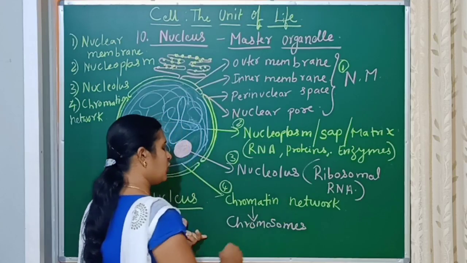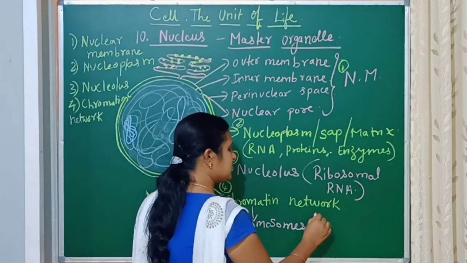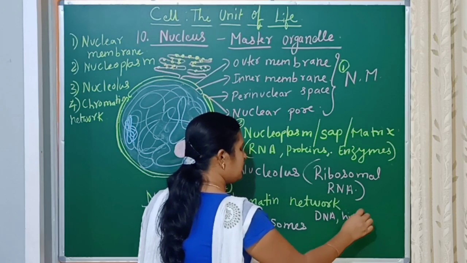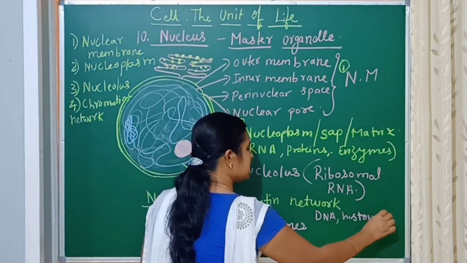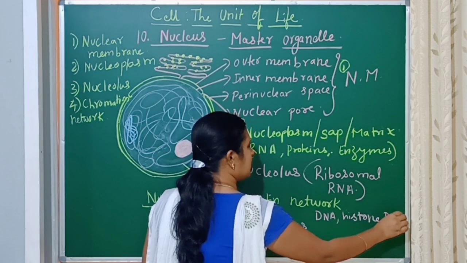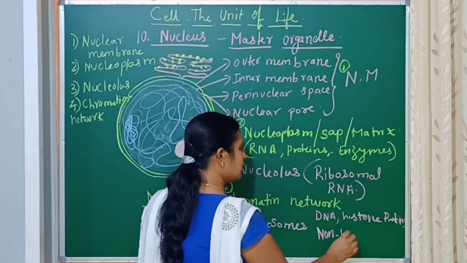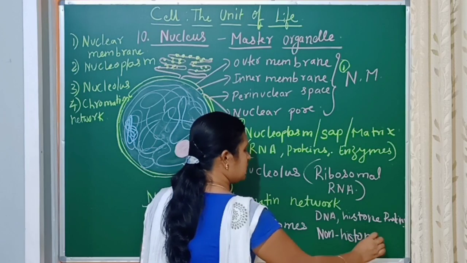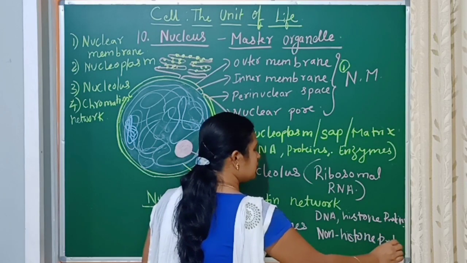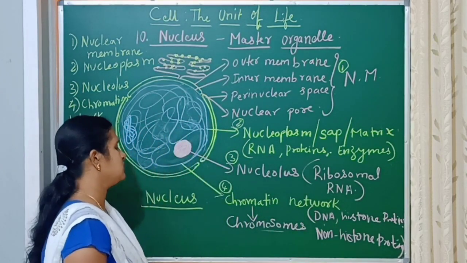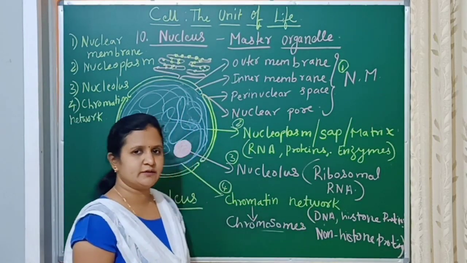The chromatin network and the chromosomes contain DNA and some very important proteins called histone proteins, and along with the histone proteins, non-histone proteins are also found, in the chromosomes as well as in the chromatin network.